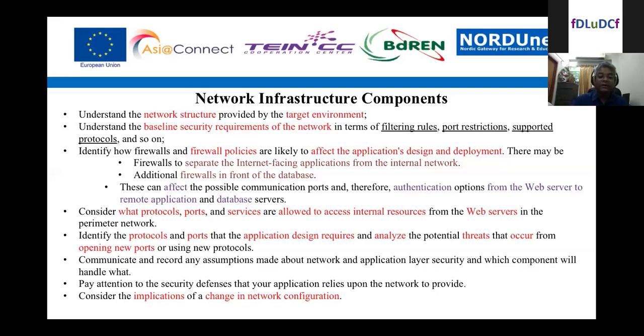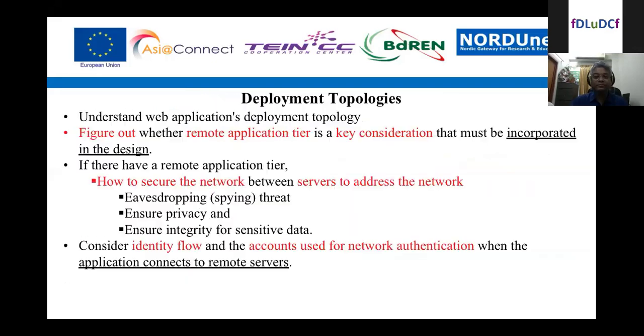Then identify the protocols and ports that the application design requires, and analyze the potential threats that occur from opening new ports. Pay attention to the security defenses your application relies upon the network to provide, and consider the implication of a change in network configuration. So you have to be careful about the network infrastructure, and consider these things for the network component as well.